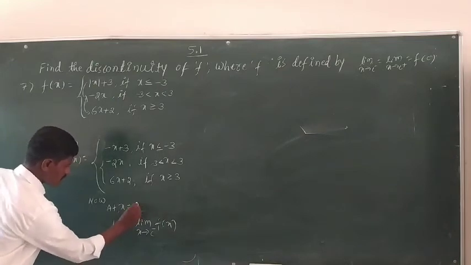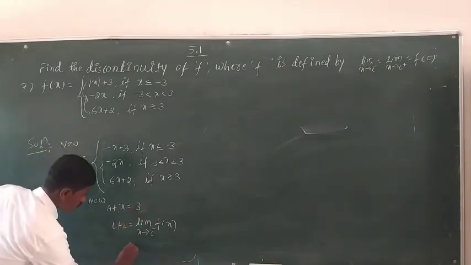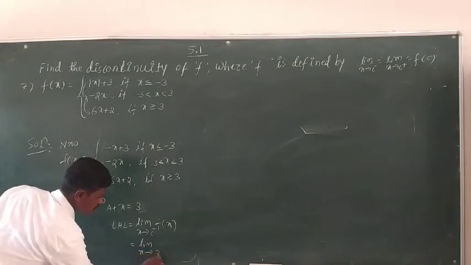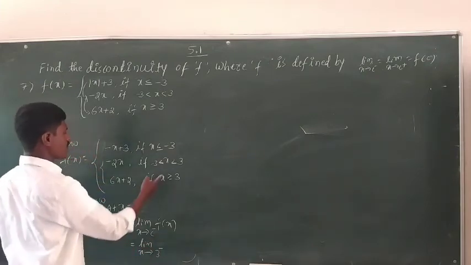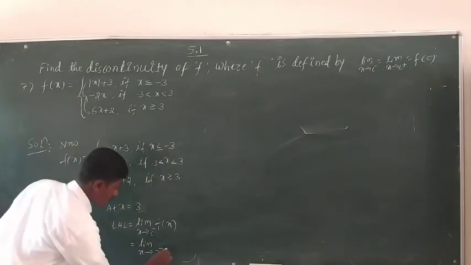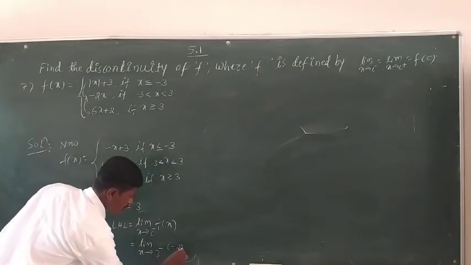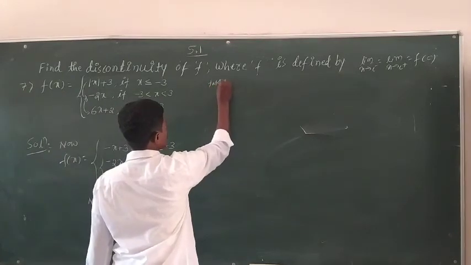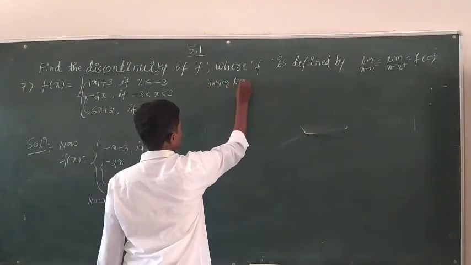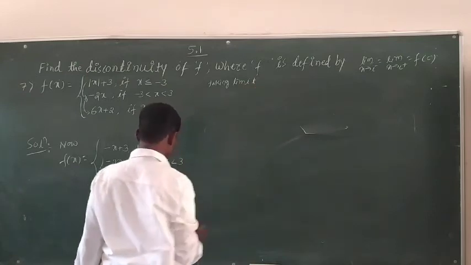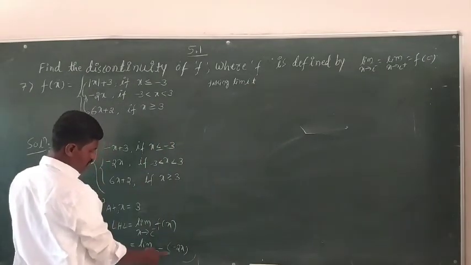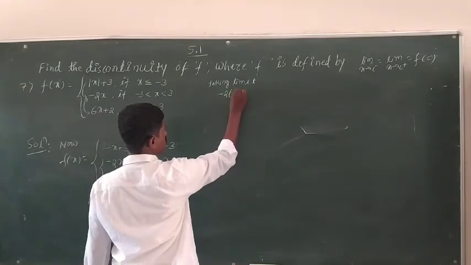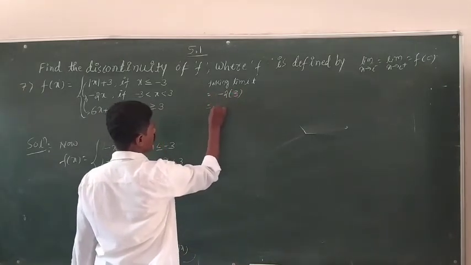The limit point is 3. The limit as x tends to 3 minus, on that occasion the function is minus 2x. Taking the limit, put 3 in x: minus 2 times 3, that is minus 6.